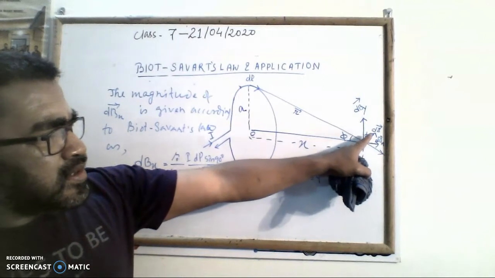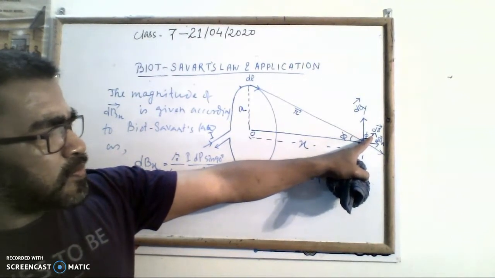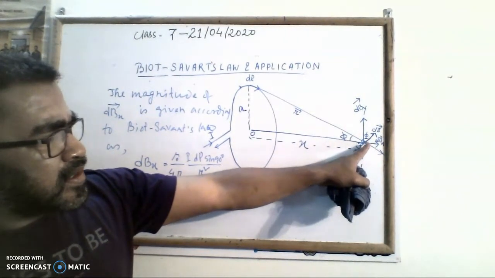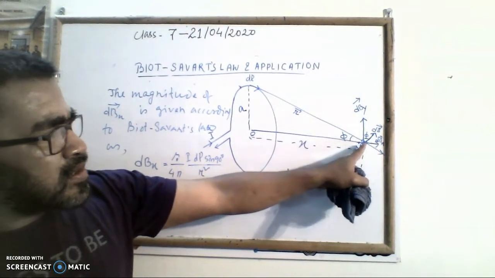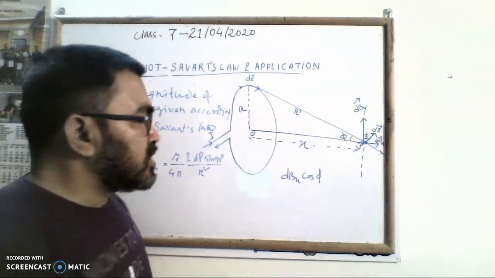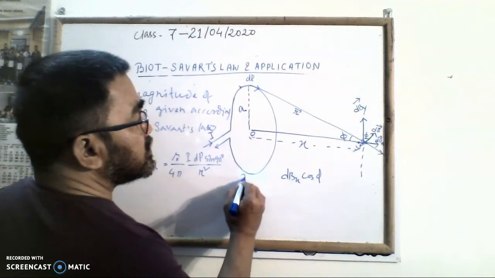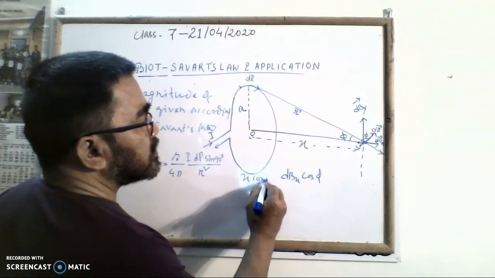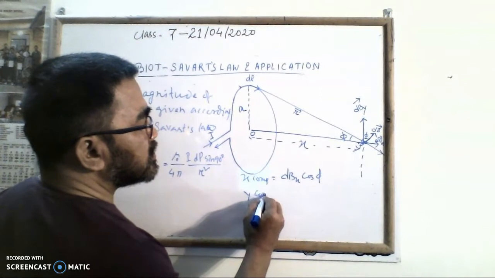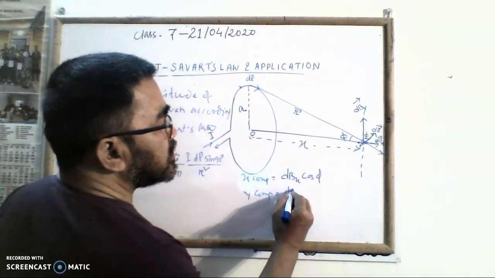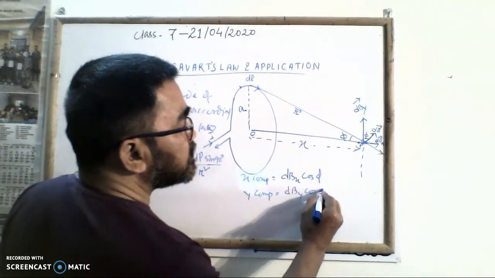You see, the dB vector has two components, one component along the x direction, another component along the y direction. So the x component is this, the y component is dB cos of phi.